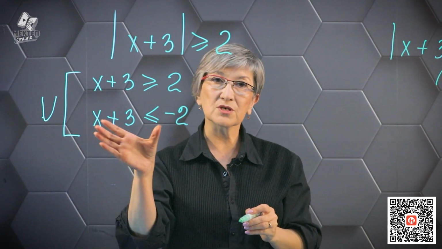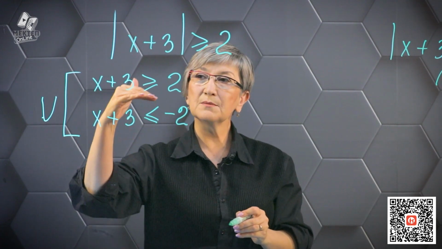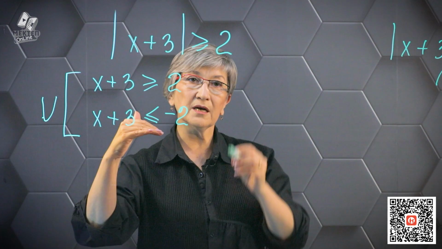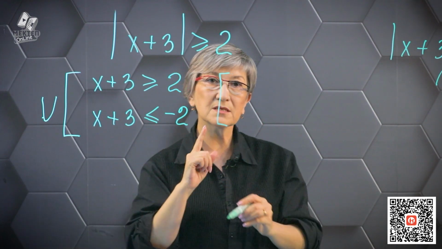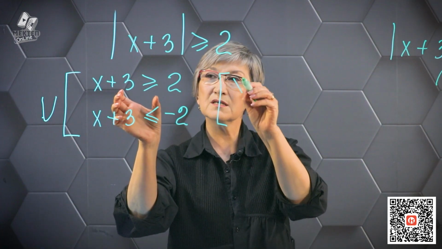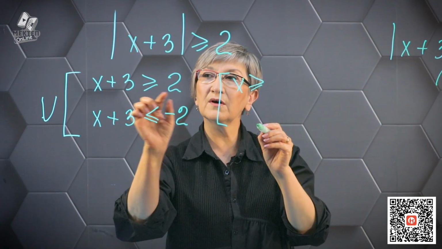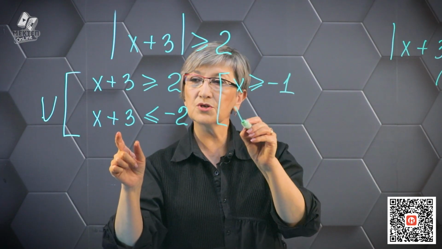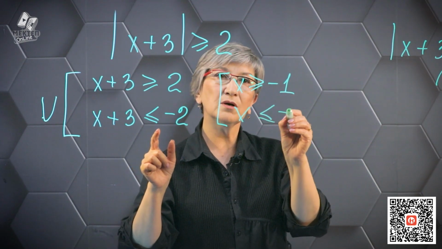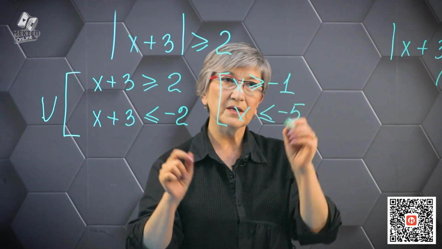And then by solving this set, and in particular separately each inequality, we will get the following set of answers. X is greater than or equal to 2 minus 3, which is minus 1. And in the second case, x is less than or equal to minus 5.